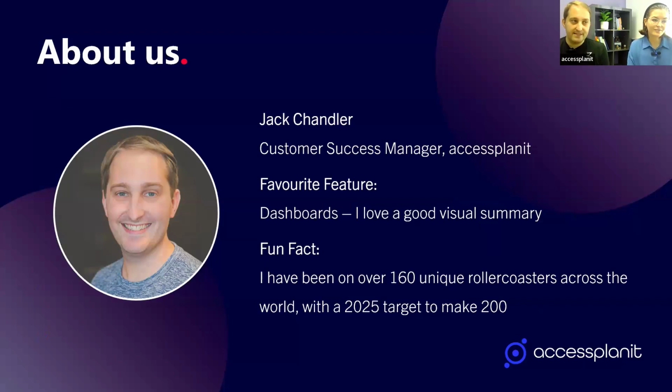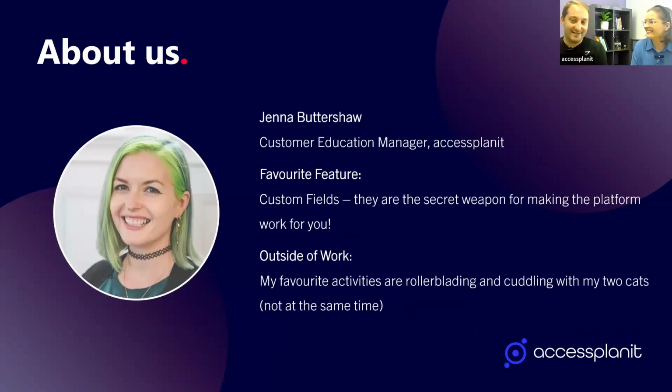So for those that don't know me, this is a little bit about me. My name is Jack, and I am one of the CSMs here at Access Planet. My favorite feature is a dashboard. I think they're really good visual summaries and a really good way to get a nice quick reporting tool. I like roller coasters and theme parks, and my target is to do 200 by the end of 2025. I'm at 160 at the minute.